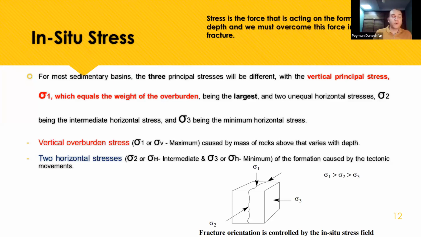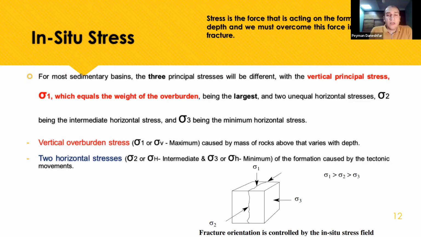Vertical, we show it with sigma 1, or we can always use the symbol S instead of sigma to show the stresses. Sigma 1 equals the weight of the overburden and is the largest. Another one is the two horizontal stresses: sigma 2, the intermediate stress, shown with a capital H, or also SH.